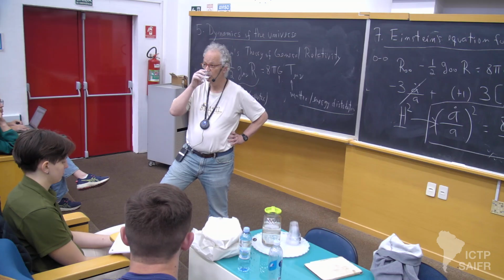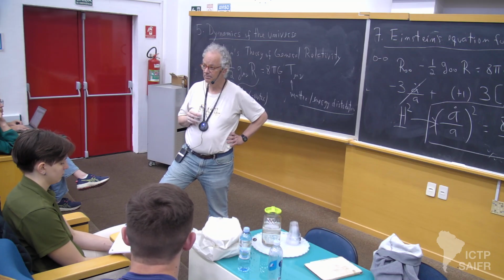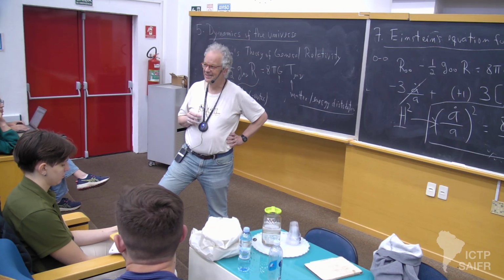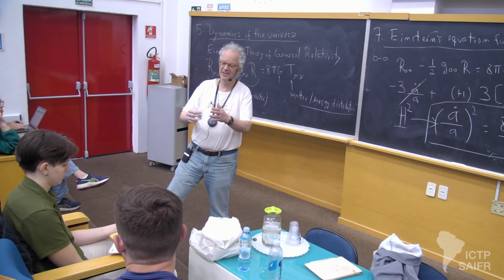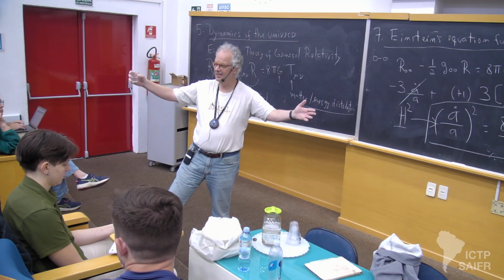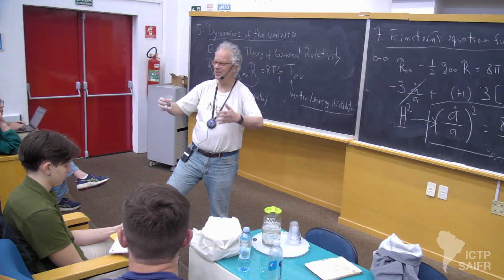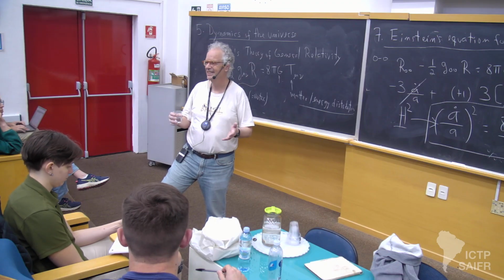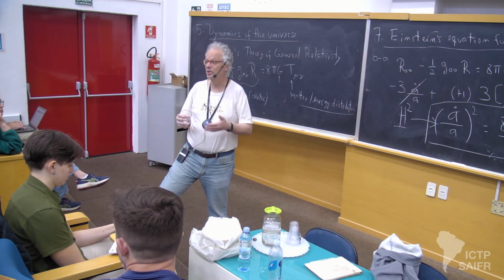But we know that on small scales, the universe is not isotropic. Yes, that's what I said from the very beginning: this is an approximation for very large scales. And I told you that if the universe was completely homogeneous and isotropic, we would not be here, right? So how do we treat this?